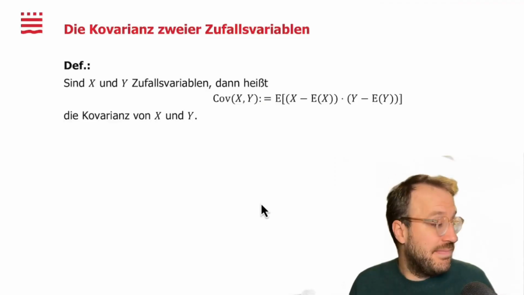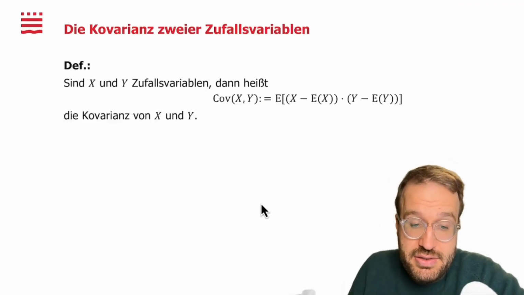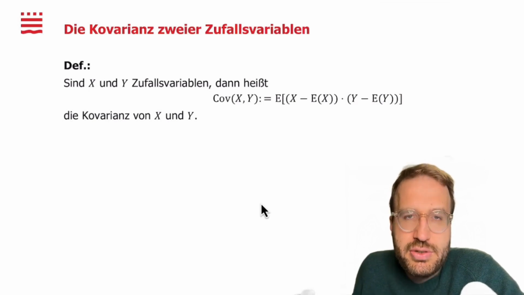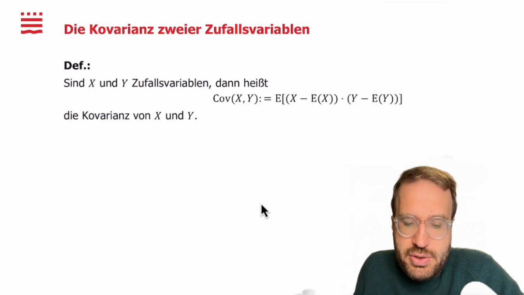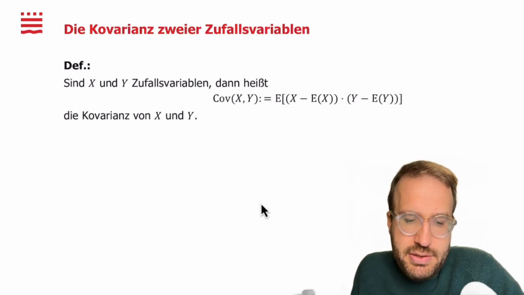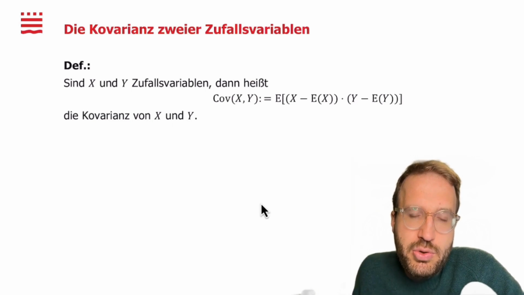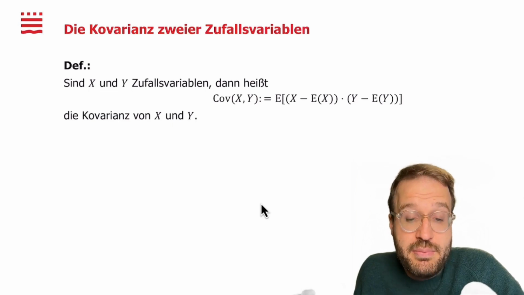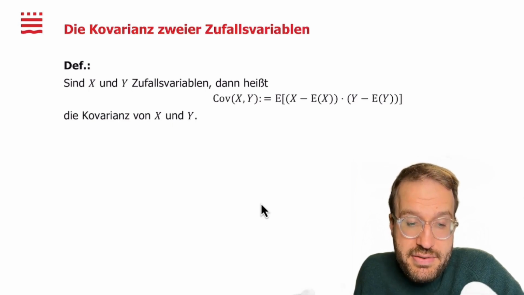We will first introduce the covariance of two random variables. You remember we have already introduced the covariance, and of course the correlation coefficient, for samples. What we are doing now is very analogous, only that we are no longer taking a mean, but an expected value.